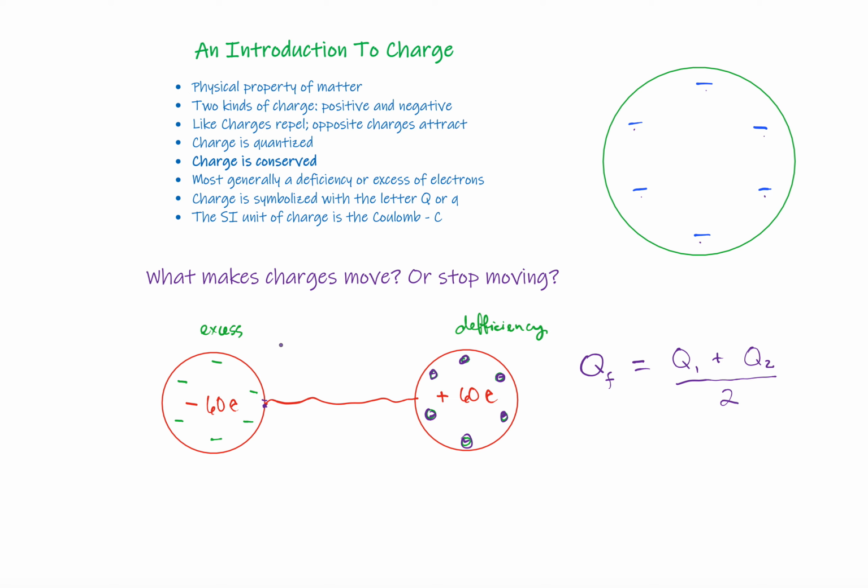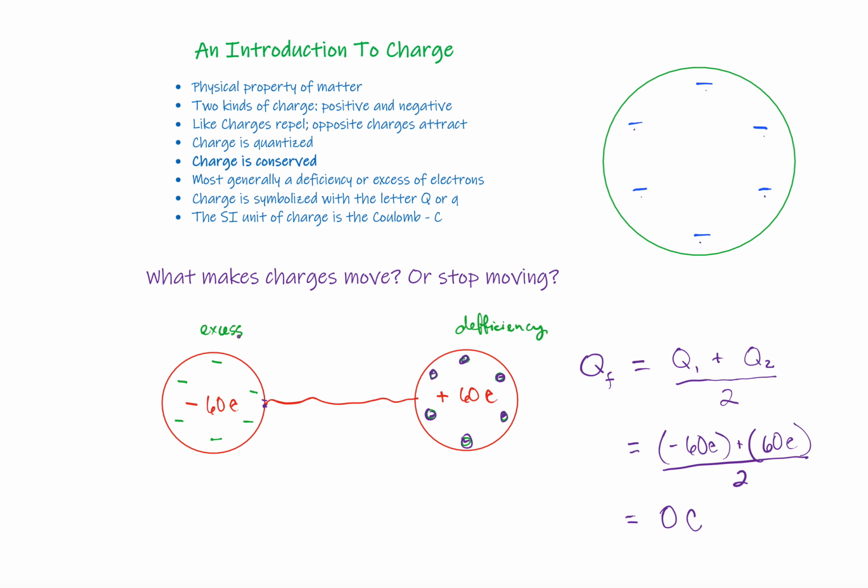We need to keep in mind that the sign matters, as we'll see in our next example. I'm not actually writing the charge, I'm just writing it as the product of the number of electrons and e, just to save time. So I put these two together, divide by 2, and I clearly see that there is a 0 net charge on either one of these after this has occurred.